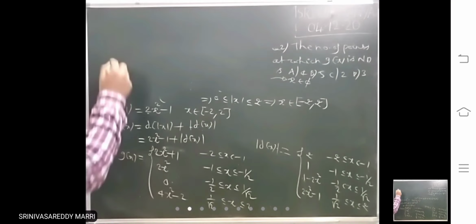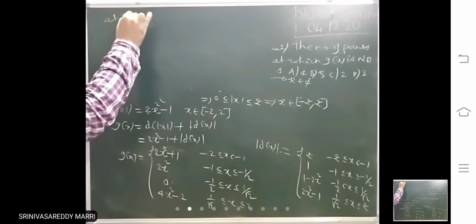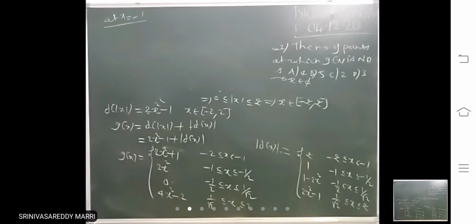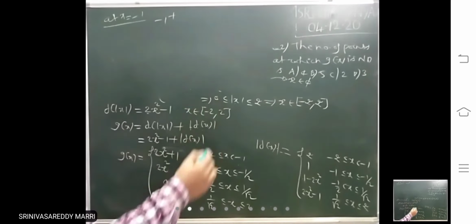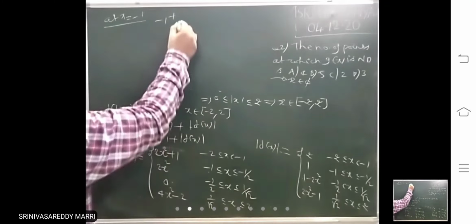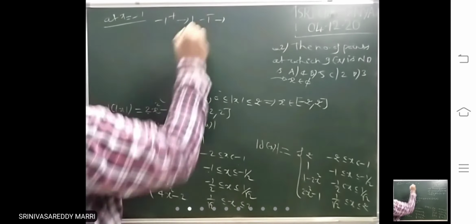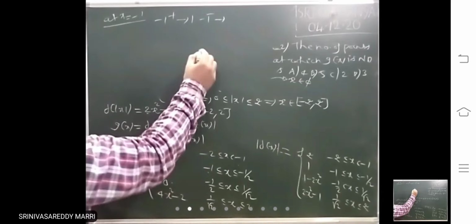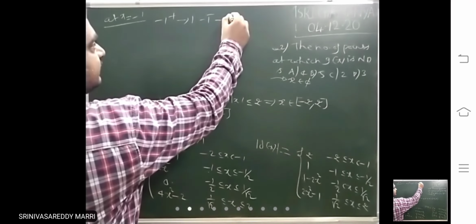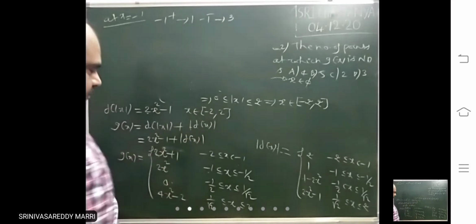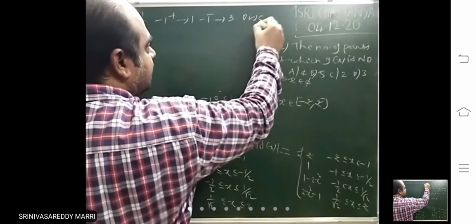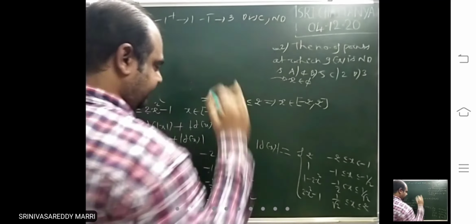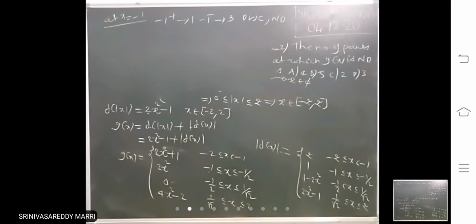So now I am checking at x equal to -1, first continuity. At x equal to -1, the plus limit is what? 2 into 1 square, 2 plus 1, 3. The left limit is different. So discontinuous, which means not differentiable. At x equal to -1, discontinuous.